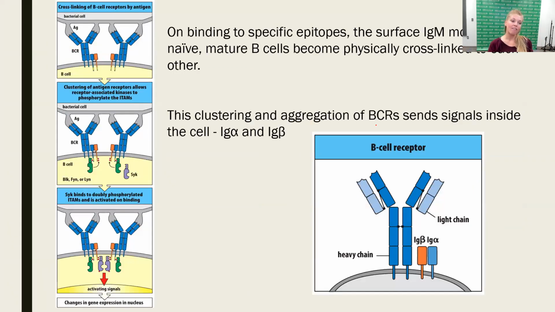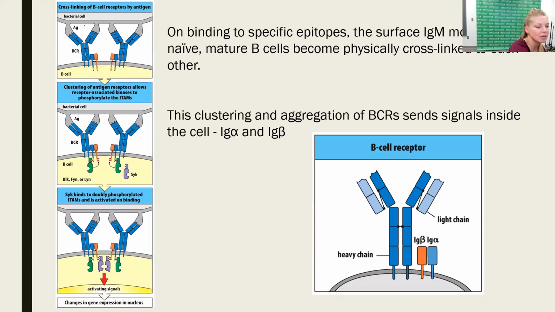When a B cell finds its antigen, it's going to be through the B cell receptor, which is probably going to be an IgM molecule, because IgM is on the surface of a naive, mature B cell. And when more than one IgM molecule becomes activated, it's called cross-linking.